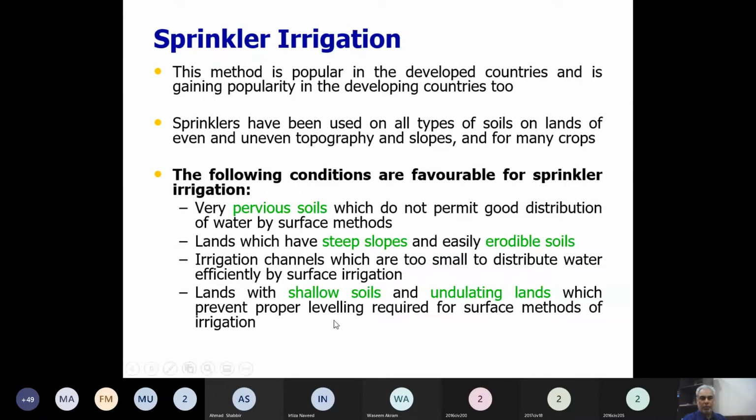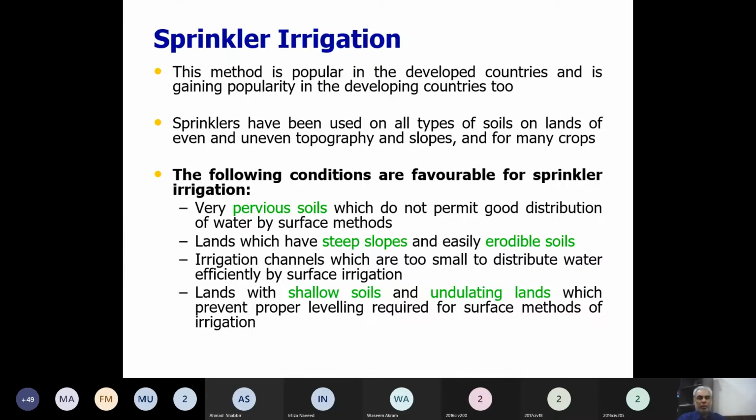Why is it so? Read it again. Undulating land, so the land is not well leveled. There is up and down in the land, and it has a shallow soil layer at the top. Below that shallow soil layer, the layer is not good fertile soil, not good soil for agriculture purposes.